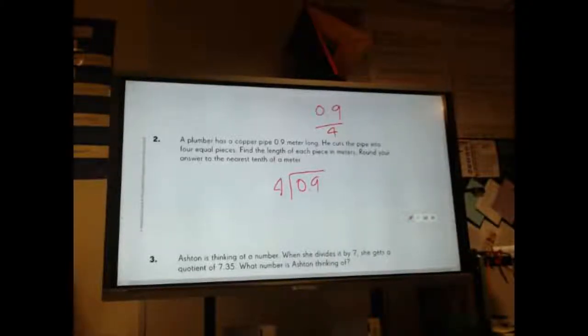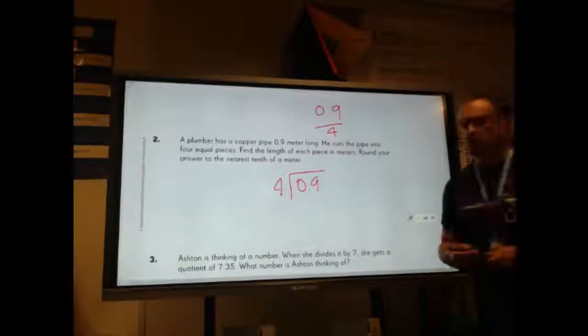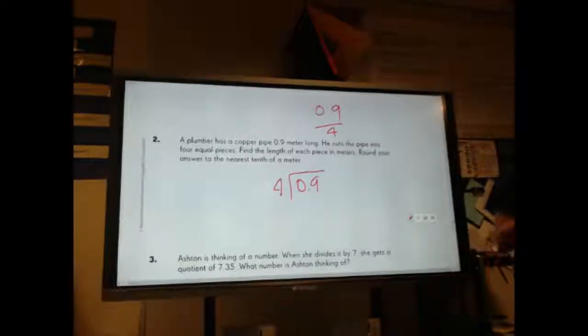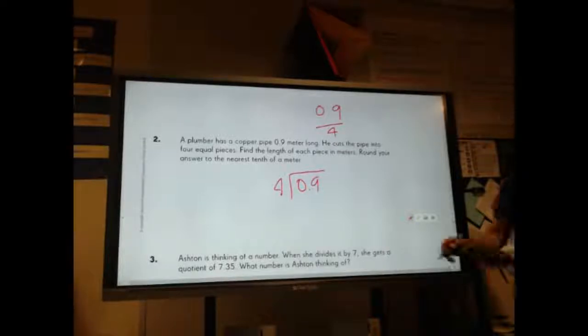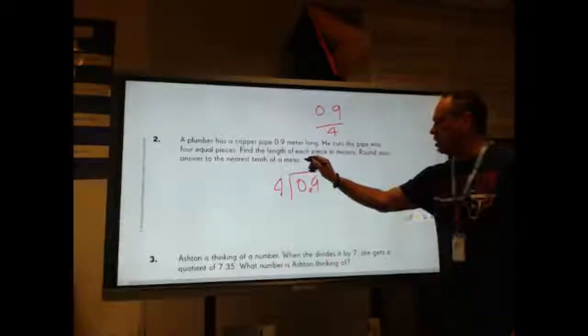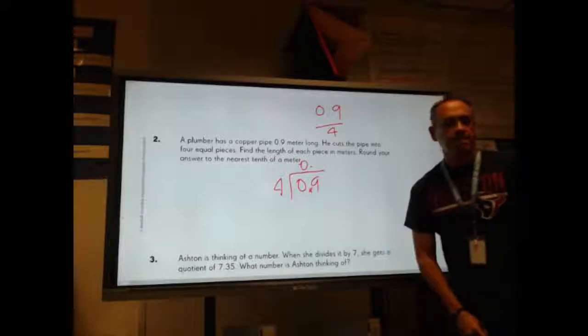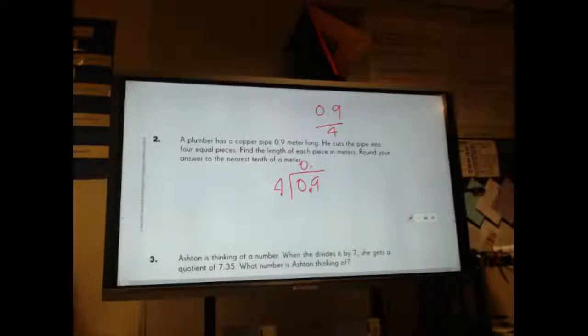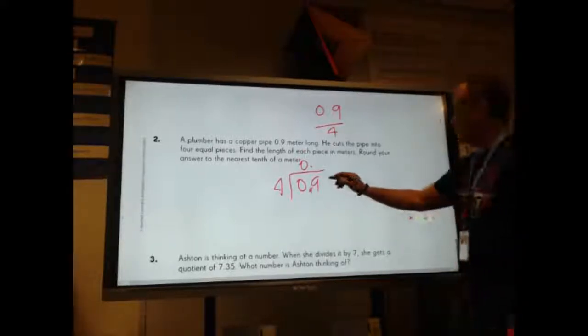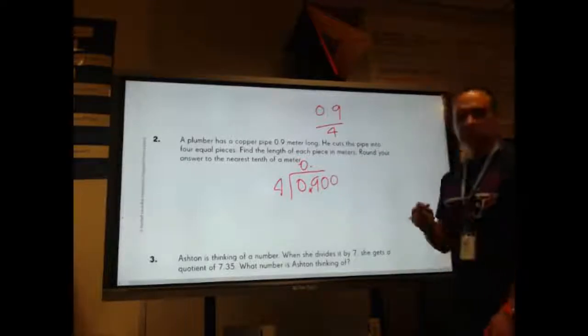Let's look at this. Does 4 fit into less than 1? No, right? So I'm going to cancel this one here, and I'm going to put the decimal point here. Now I'm going to add a 0 here, or as many as I want.